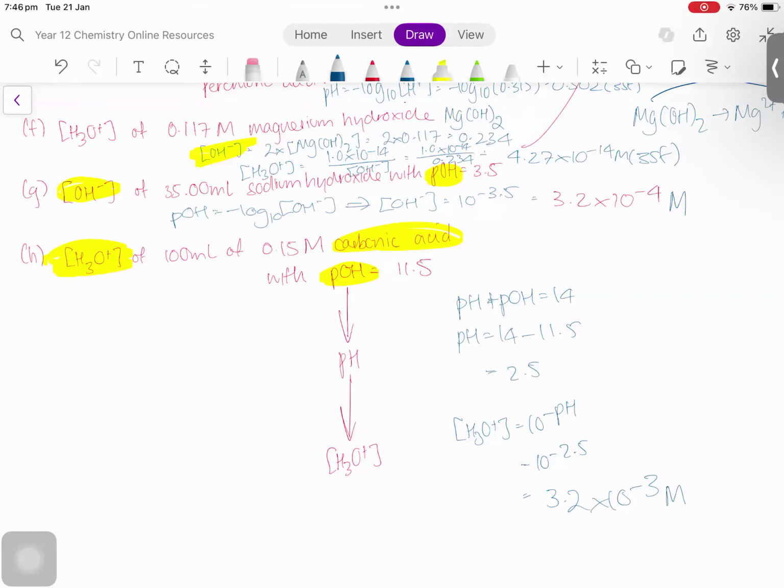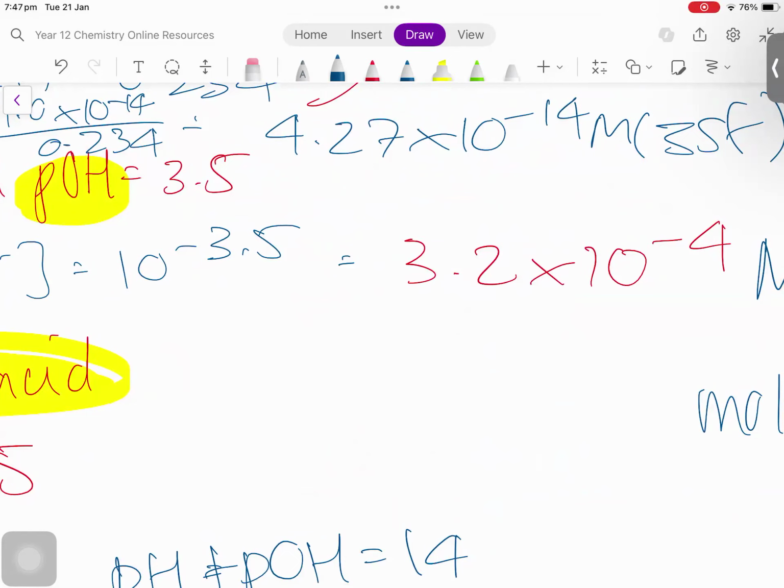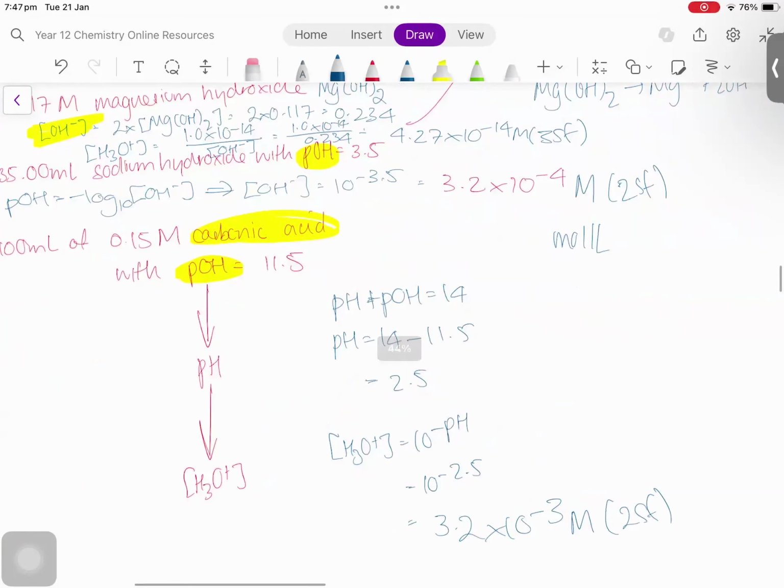So the last two would both be molar, capital M, or moles per liter. This is 2 sig figs, and this one would also be 2 sig figs. Remember, for G, when I popped it into the calculator, 10 to the minus 3.5 is 3.2 times 10 to the minus 4.